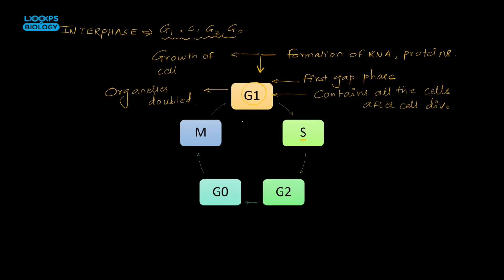Then we move to the S phase, which is very important, as this phase contains DNA replication. In this S phase, the DNA is synthesized and replicated for its copy, so that the DNA content will double.